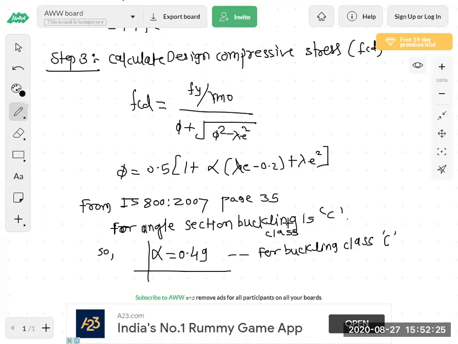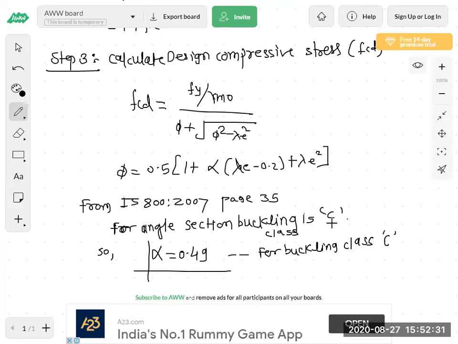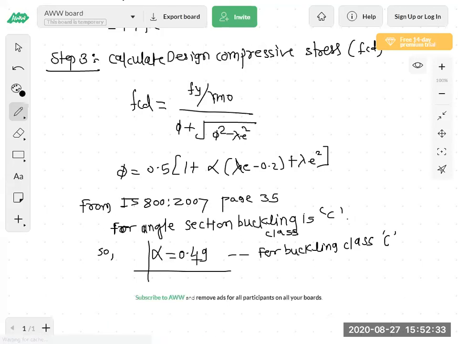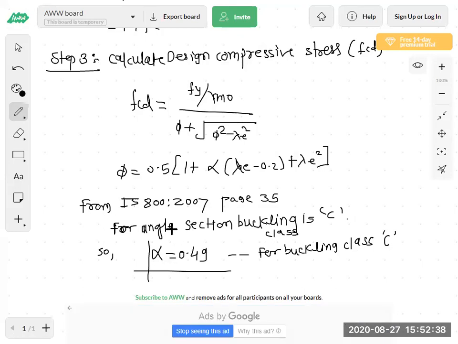For angle section, buckling class is always C. So alpha is equal to 0.49 for class C. That is given in the table.